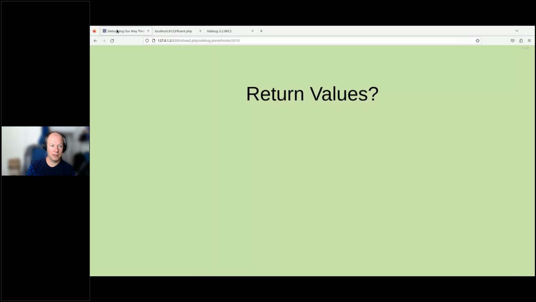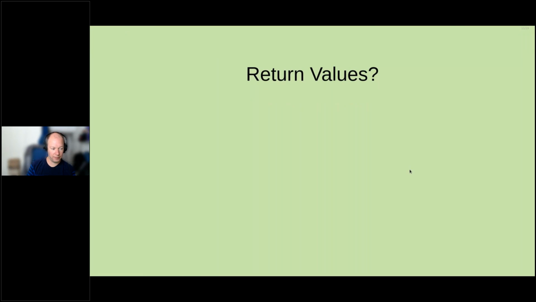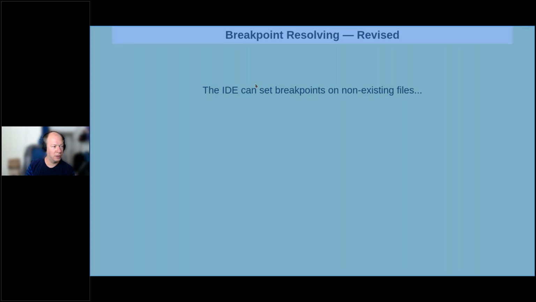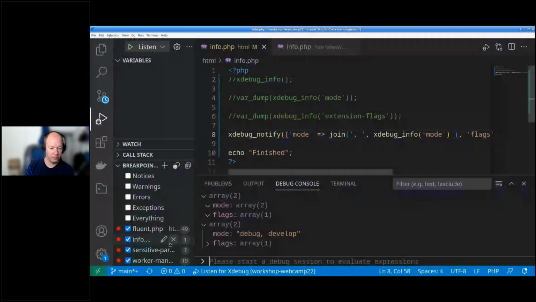Right, back to the slides. Now, sometimes an IDE sets breakpoints on non-existent files, and so I'll actually show you how that works. So I will stop here in PhpStorm, go to VS Code, and you can see here that we have a bunch of breakpoints set, right?